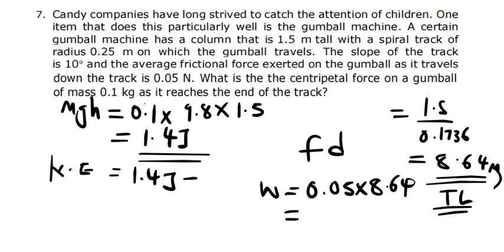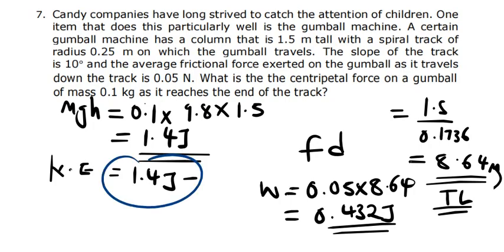Now 0.05 multiplied by 8.64, what do I have? I have 0.432 joule. Now this is what I have in terms of work done by friction. So it just means I'm supposed to now subtract it from the kinetic energy that I have.